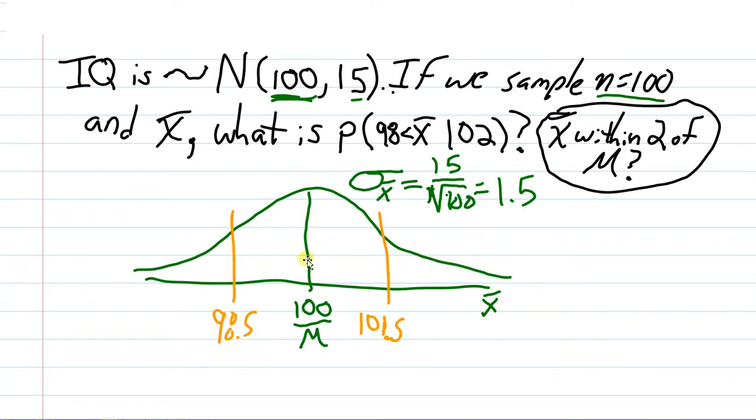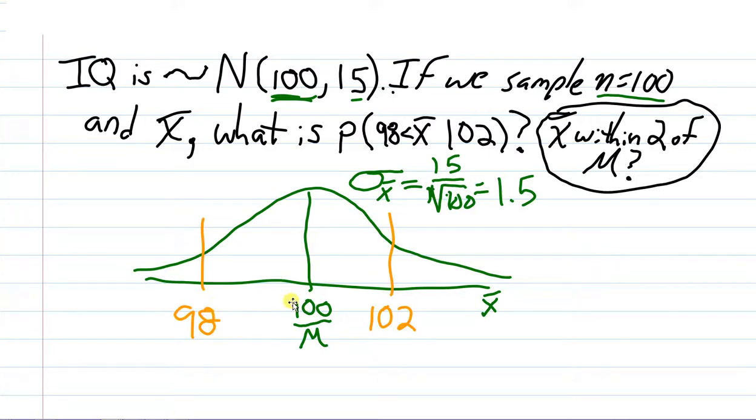But that's not what the question is asking. The question asks what percentage of the time will we be within plus or minus 2, within 2 of the truth. And so what we want to do is say, well, my boss wants to know what's the probability our sample mean will be somewhere between 98 and 102.